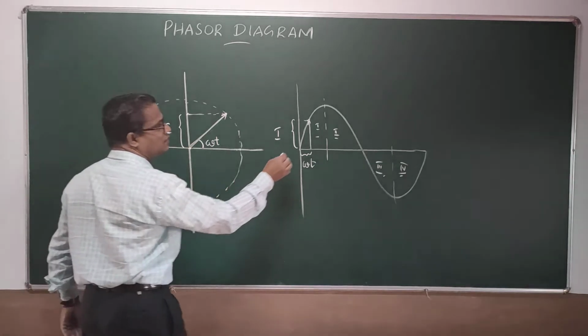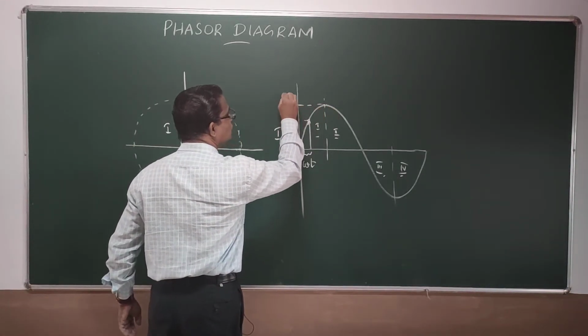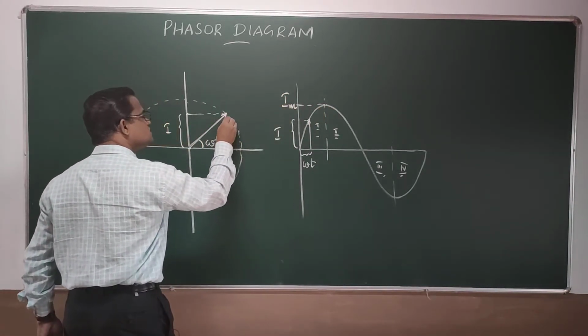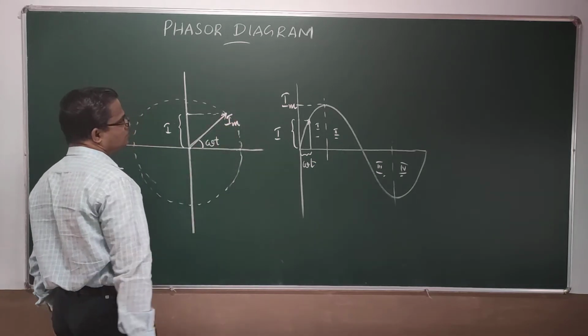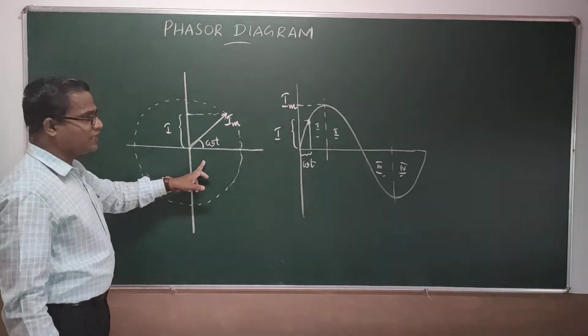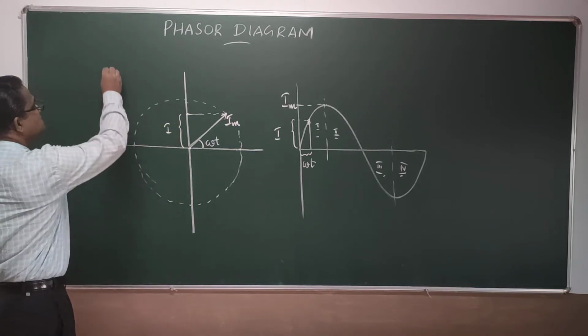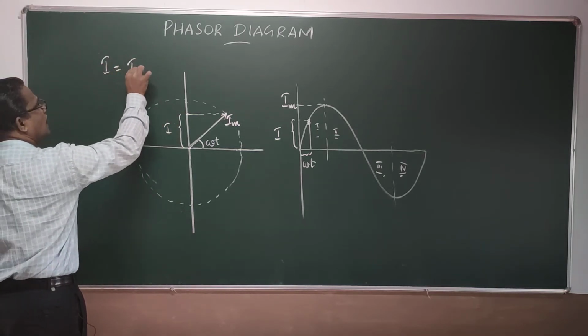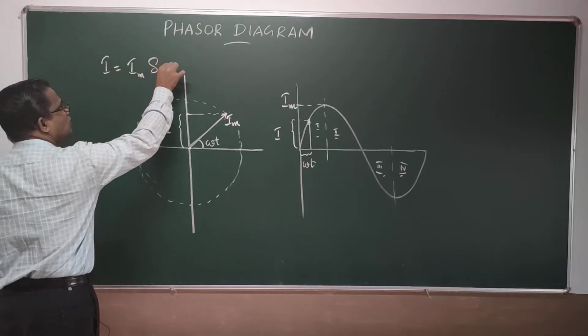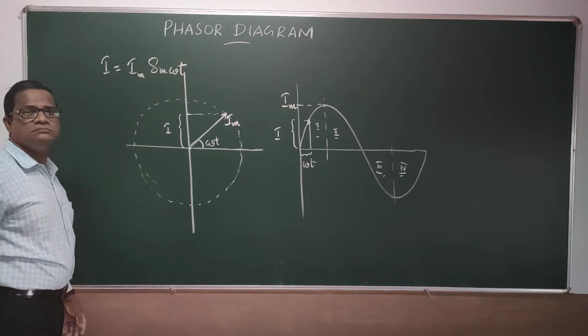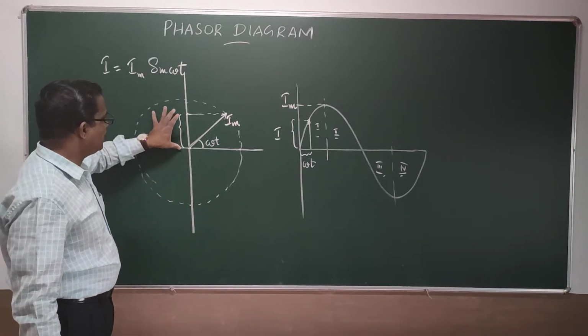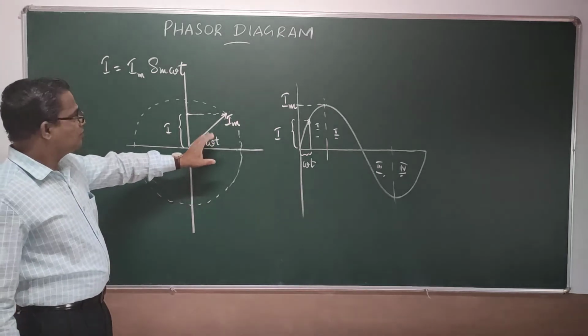This is nothing but the peak value of current, so this is I m. Taking it like this, we can write I equal to I m sin omega t.